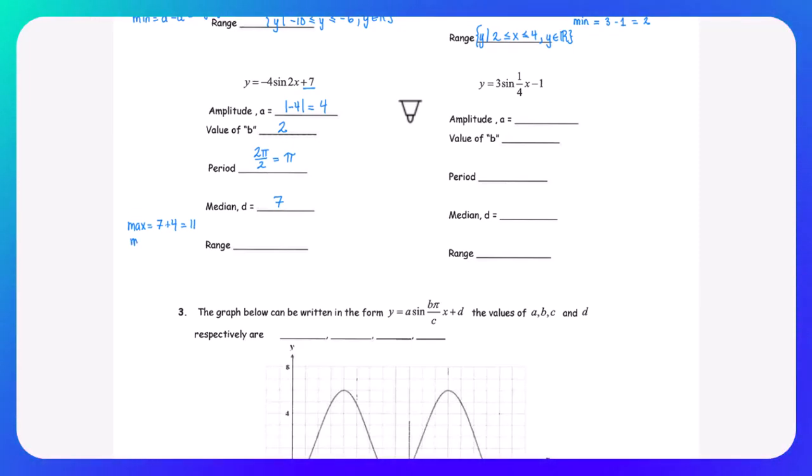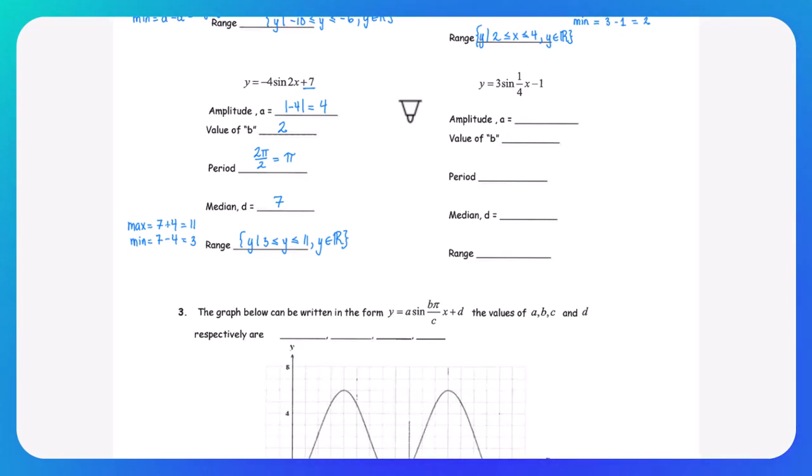And the minimum value is the median minus the amplitude, which in this case is 3. So now we can say the range is y such that 3 is less than or equal to y less than or equal to 11. Y is an element of the real numbers.